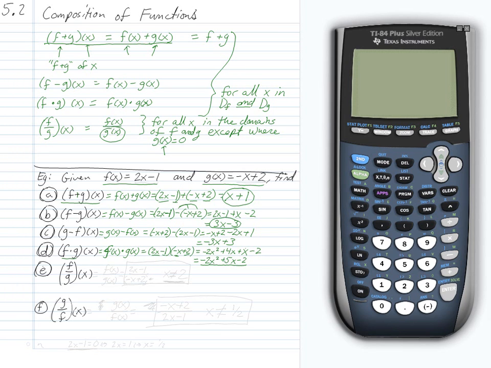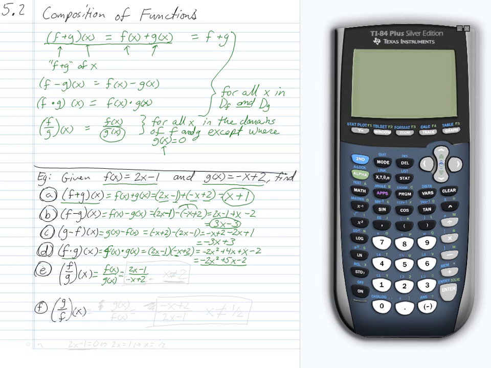Alright, now our quotients, here f of x over g of x, we would put the 2x minus 1 over negative x plus 2. Now there are no common factors in the numerator and denominator. I can't cancel the 2's, I can't cancel the x's because they're terms, not factors.